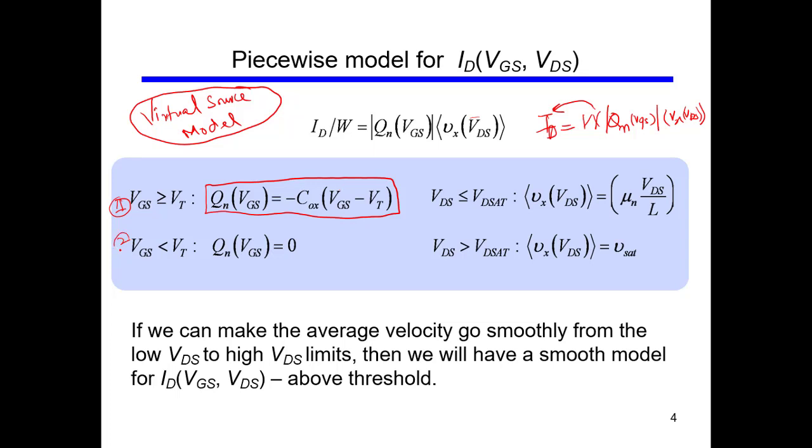Second is this one. When VGS is less than VT, the transistor is off and there is no charge in the channel. Now, with respect to VDS, when the transistor is on, we may have VDS less than or equal to VD sat.